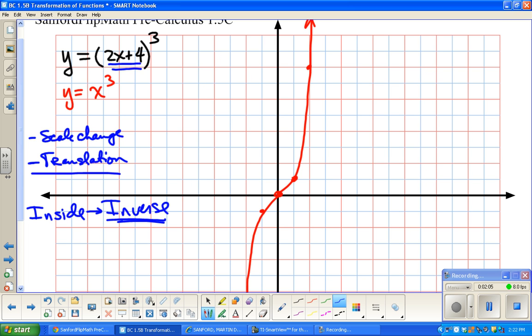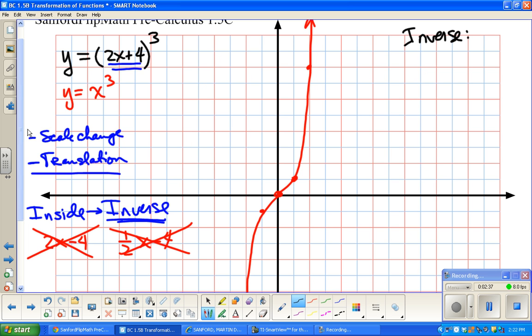Let me just say that the inverse of 2x plus 4, some people are going to want to say 2x minus 4. That ain't it. Some people are going to say 1/2 x minus 4. That ain't it either. And so the problem is, what does inverse really mean? If you go back in time, let's say to Algebra 2, maybe even a little bit of Algebra 1, if all I have is addition, inverse is subtraction.